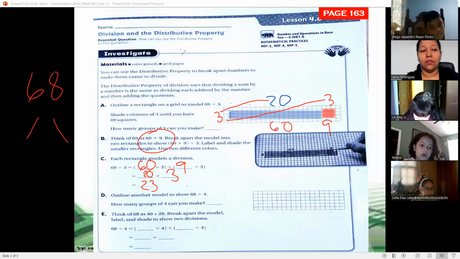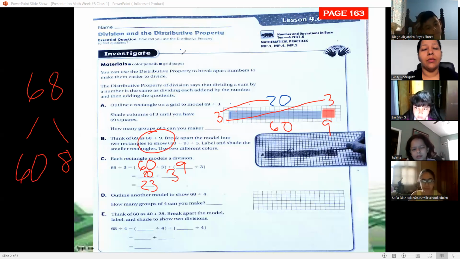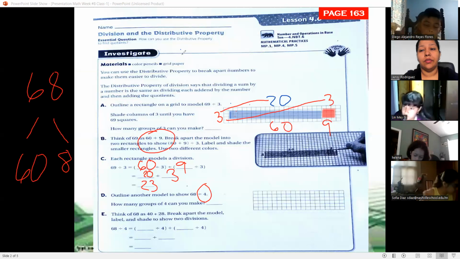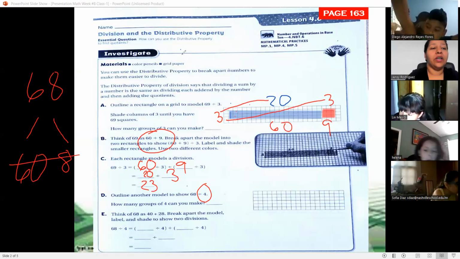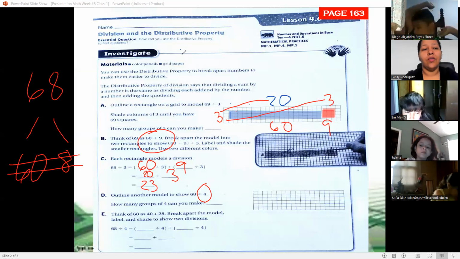60 and 8. Okay, do I have a number in the multiples of 4 that gives me 60? Think about it. No, so I'm going to break apart this number in another way.